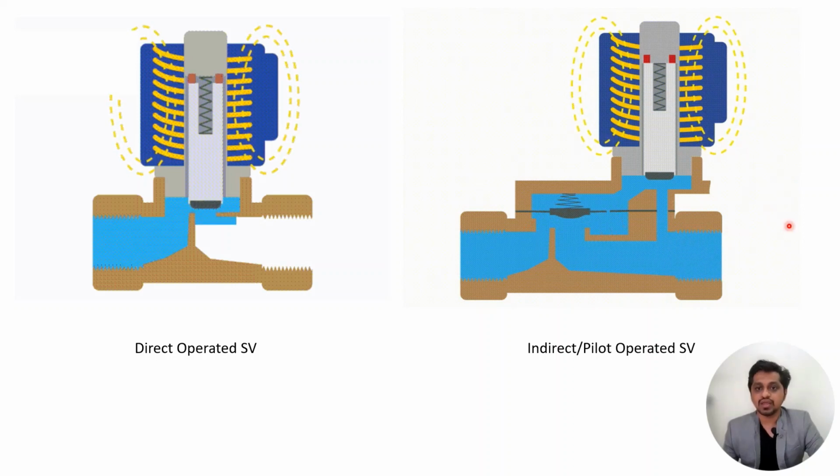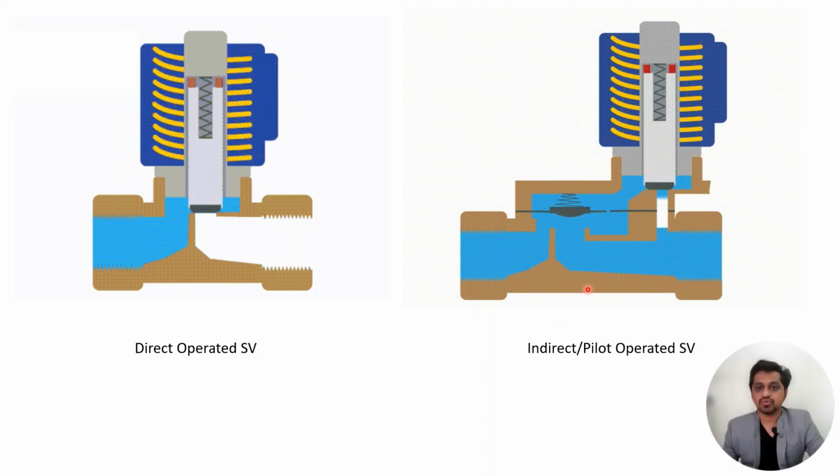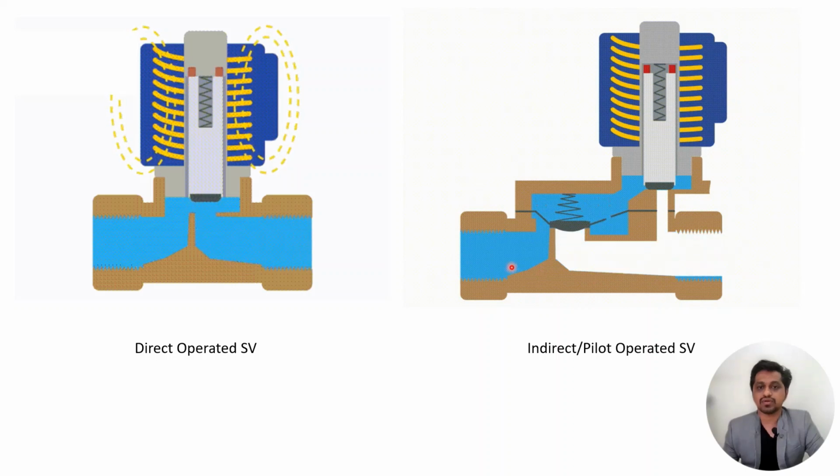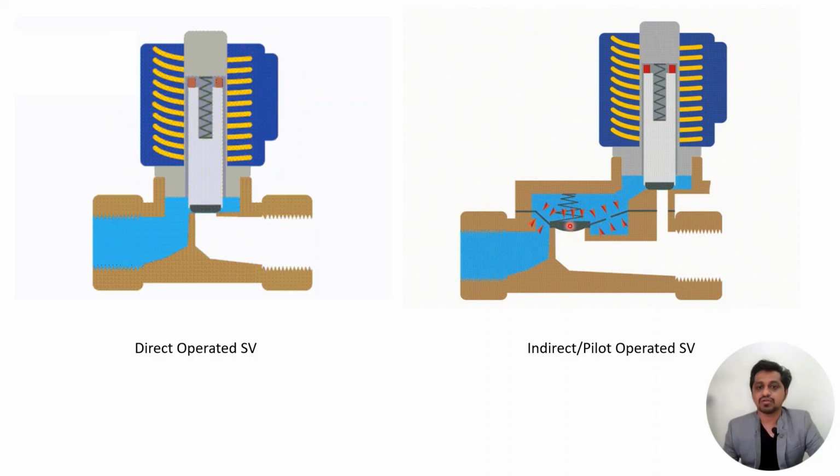We can see in the normal condition, this is the closed condition. Now in normal condition you can see the upper chamber and the lower chamber over here. When the fluid is acting over here, the pressure is acting on the upper diaphragm and the lower diaphragm. Now the area on the top is more, so it is in closed condition.